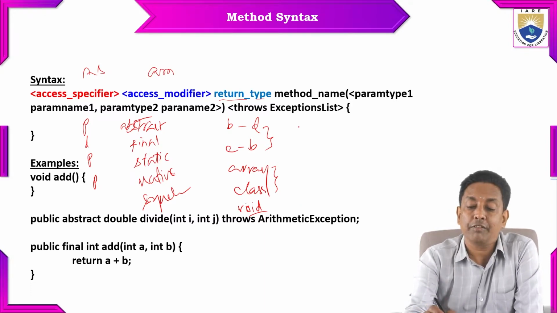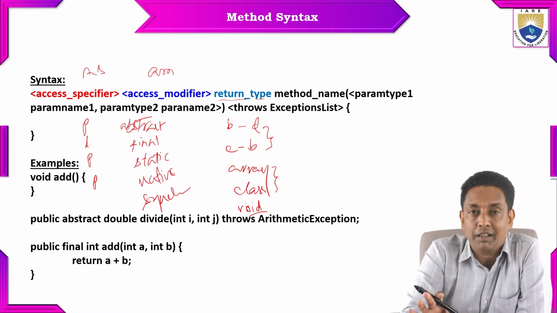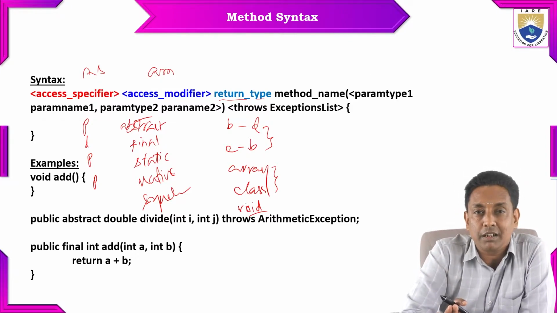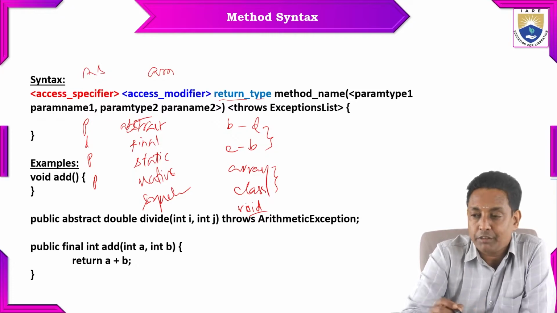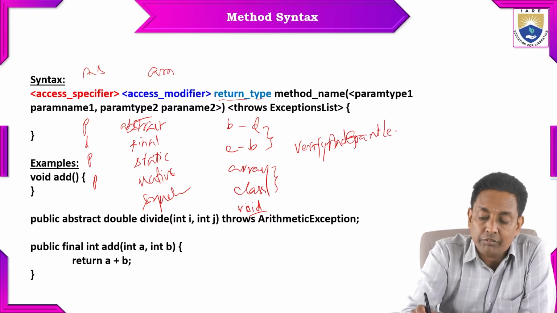Then, while writing the method, we must always write the method name. It is a convention but not mandatory that we write the method name in camel case. For example, verify and grant leave.